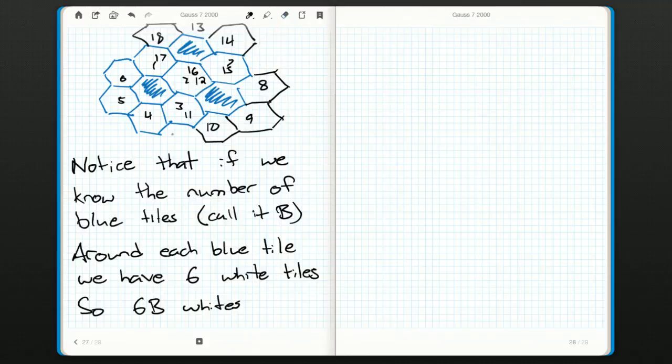Why? Well, this tile here was counted twice because this blue tile and this blue tile both account for him. This tile and this tile were also counted twice. And this tile in here is counted 3 times because we have 3 blue neighbors next to him. So when I count the white tiles around this blue tile, I'm going to count 1, 2, 3, 4, 5, 6. I'll count him. Or when I count around this one, I'll count him again. And when I count around this third blue tile, I will count this square again.